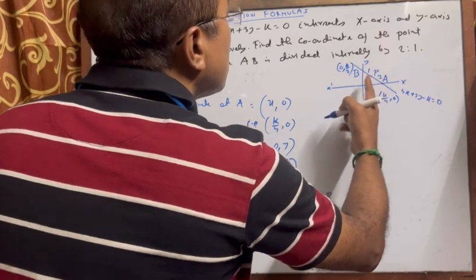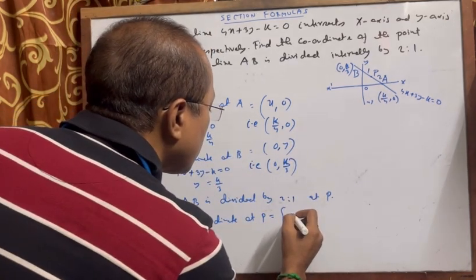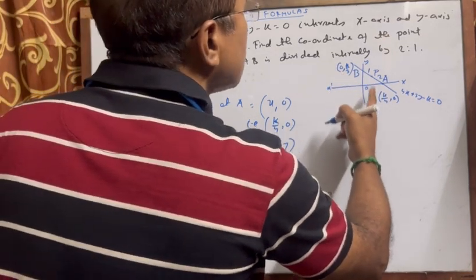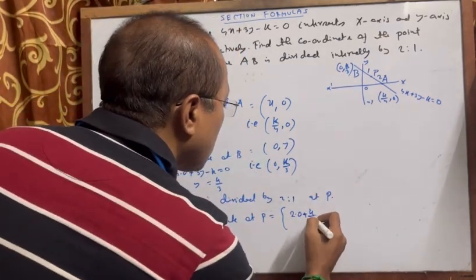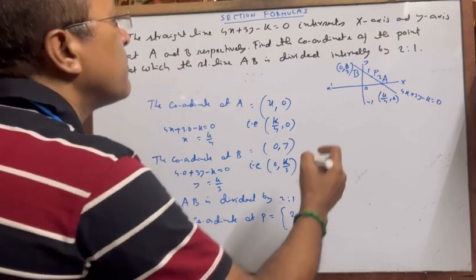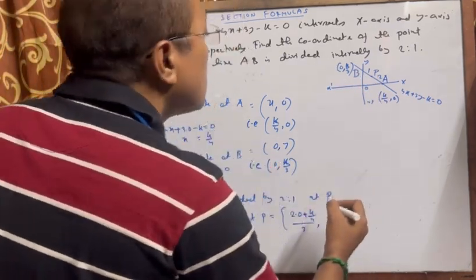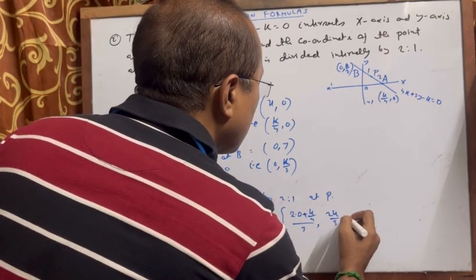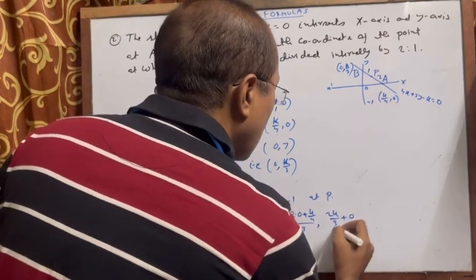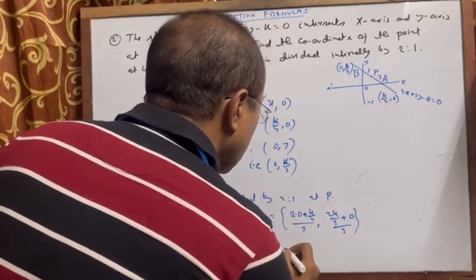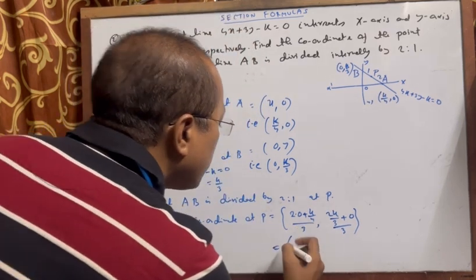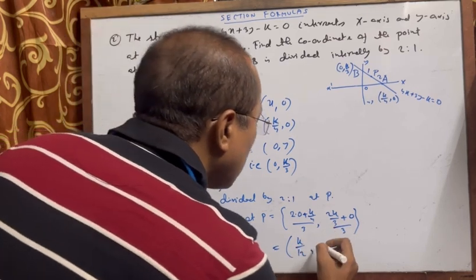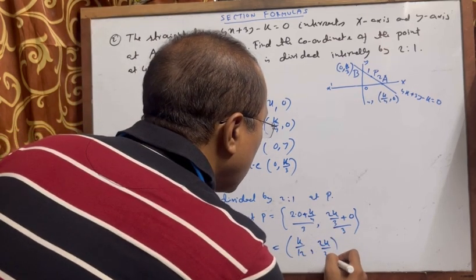So mx2 plus nx1 by 3 and my2 plus ny1 by 3 is coming as k by 12, and here it is coming as 2k by 3.